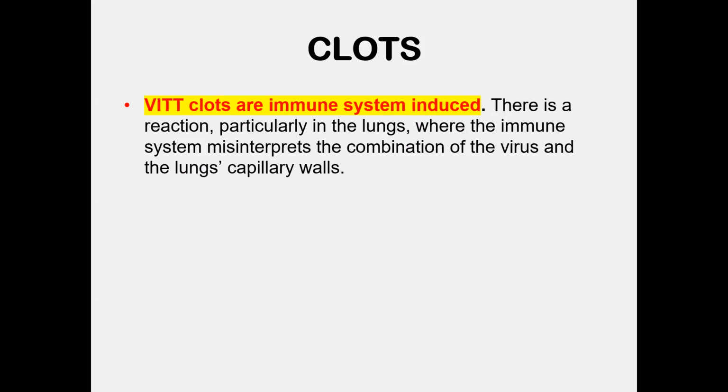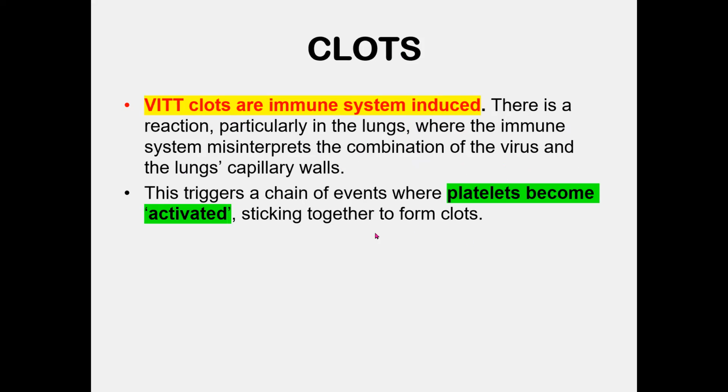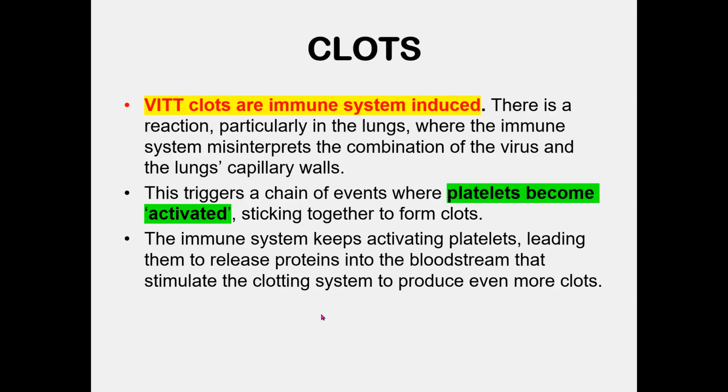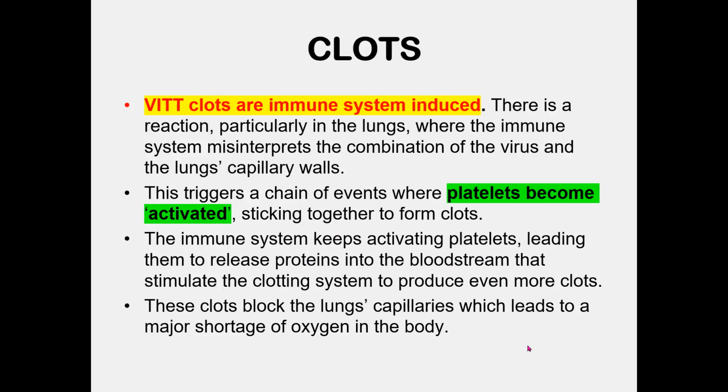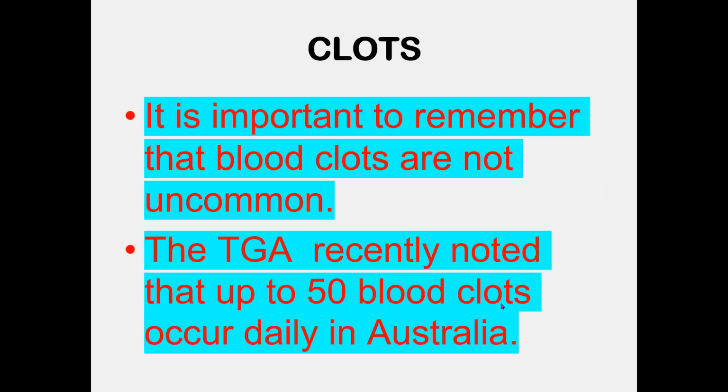So there's a big mix-up by the immune system there, and it triggers a chain of events where the platelets become activated and they stick together. Then the immune system keeps activating the platelets, so this prevents the blood moving through these veins. These clots lead to a shortage of oxygen in the body, and now they know.